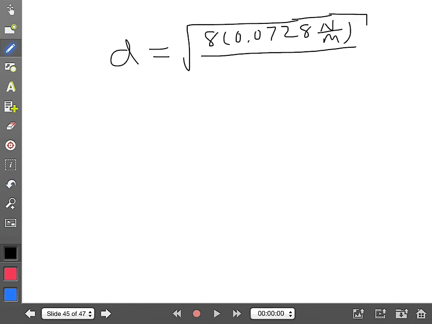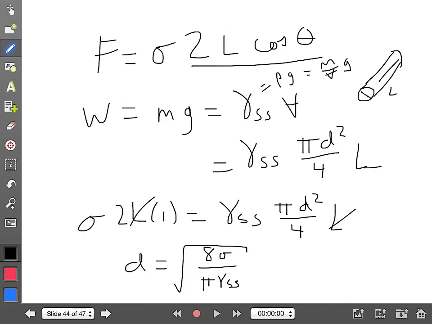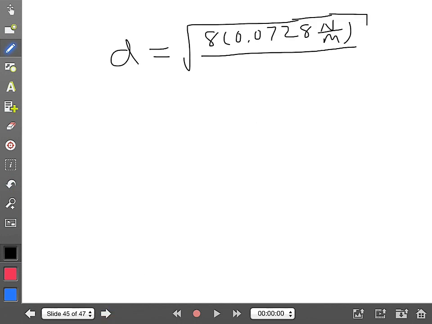And that's going to be divided by pi times the gamma of stainless steel. I looked up the gamma of stainless steel, and it's 75.5 times 10 to the 3, and gammas are newtons per meter cubed.